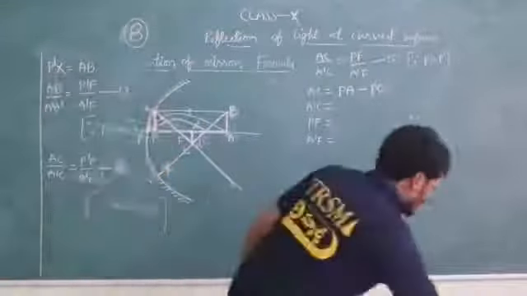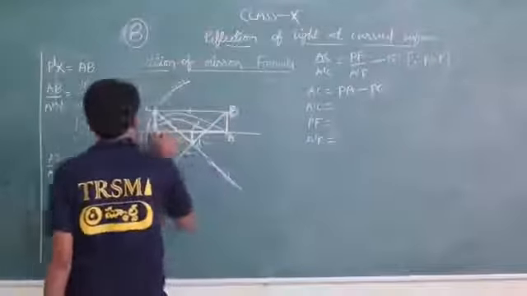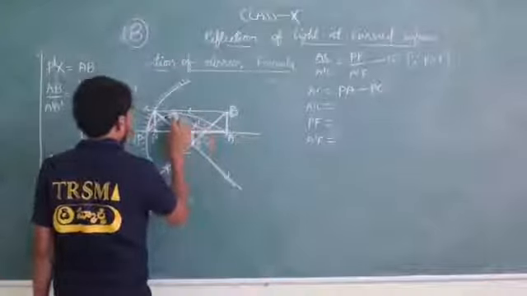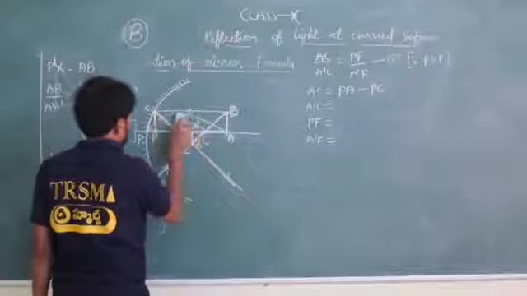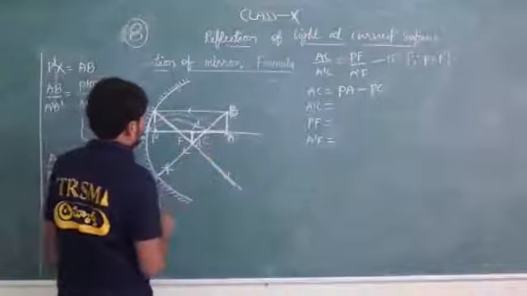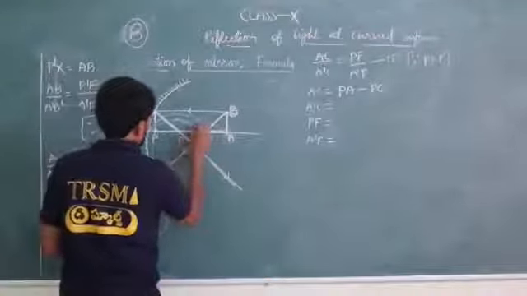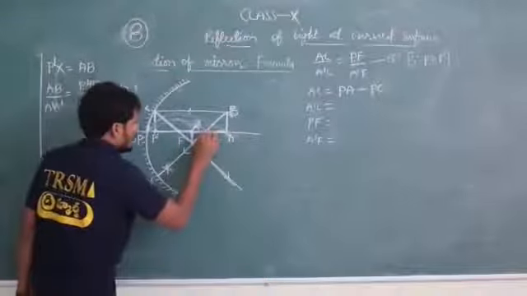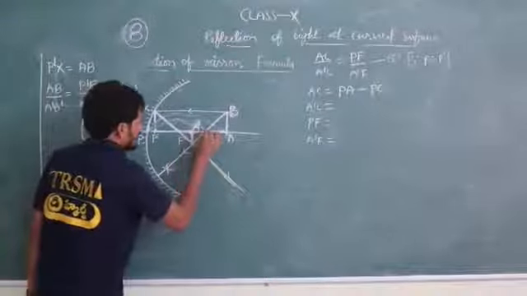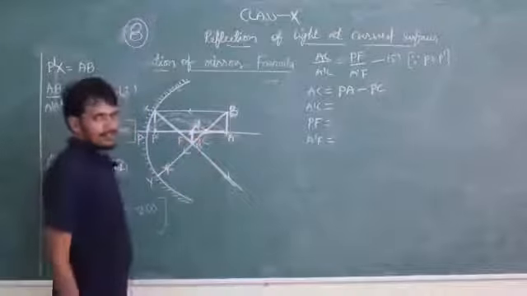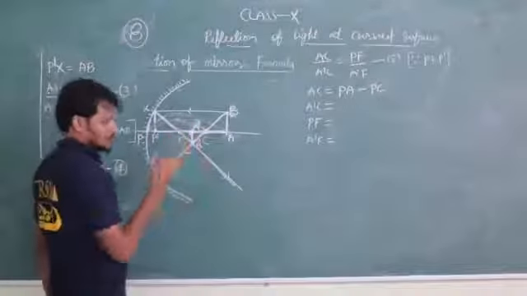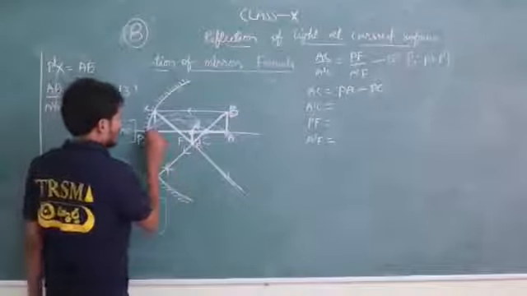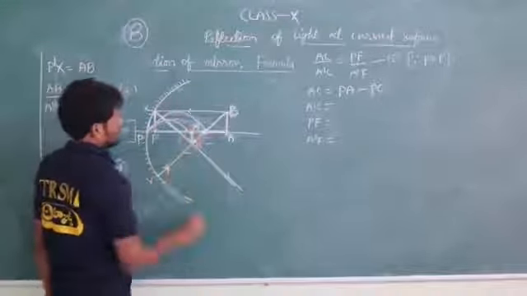So next, go to A dash C. Where is A dash C? Here, this is A dash and this one is C, this is A dash C. To get that A dash C value, I use PC minus PA dash.